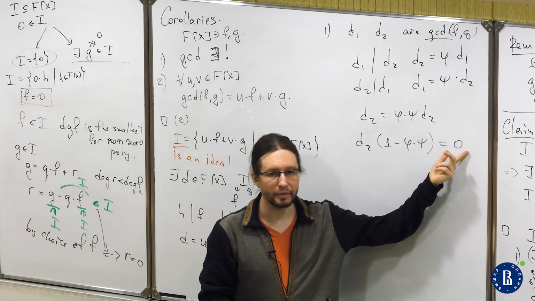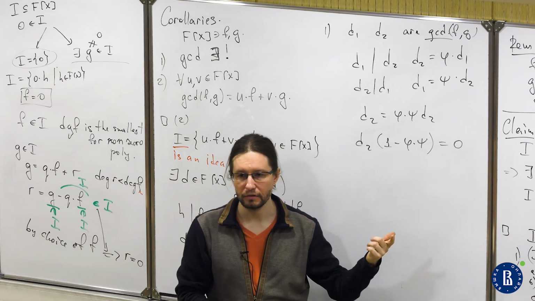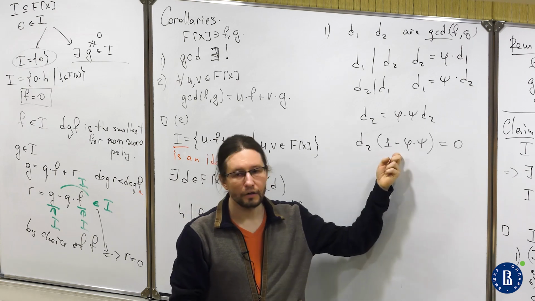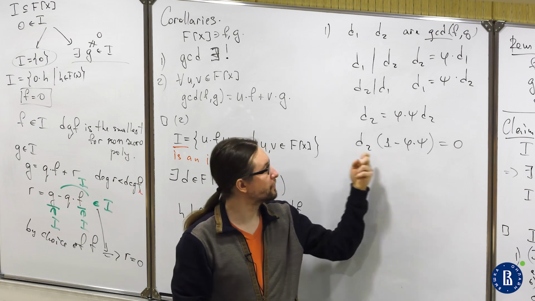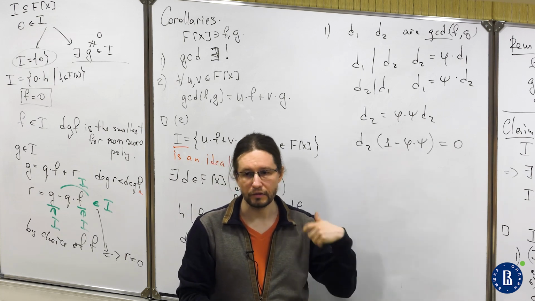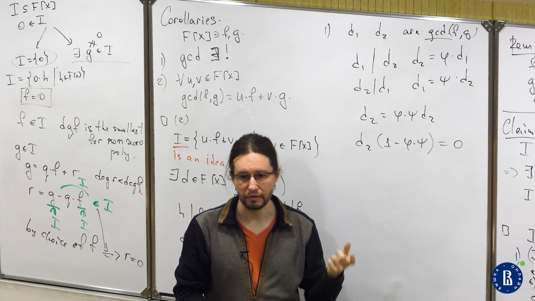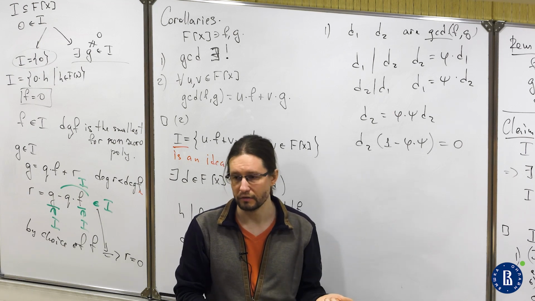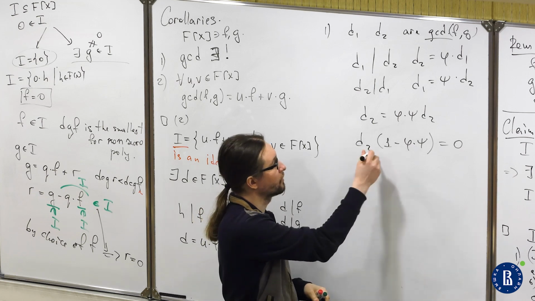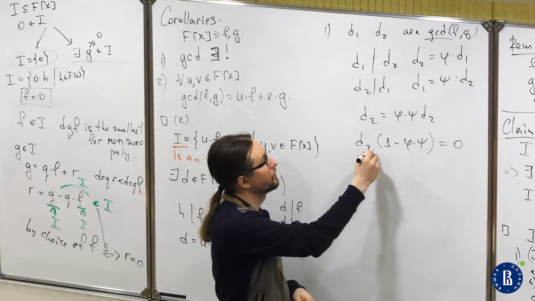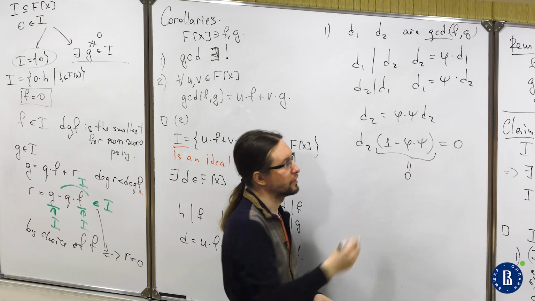The degree of the 0 polynomial is minus infinity, and the degree of the product is the sum of the degrees. So if these are not 0, the sum of the degrees is strictly greater than minus infinity. So one of them must be 0. Since this one is not 0, the only option is that this one is 0.